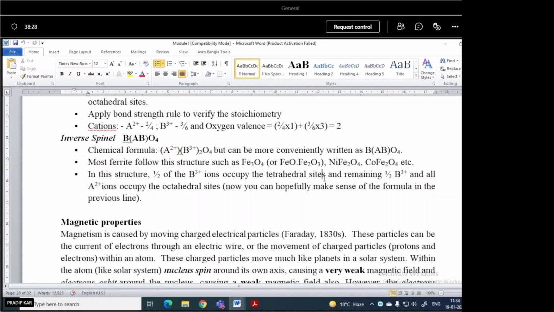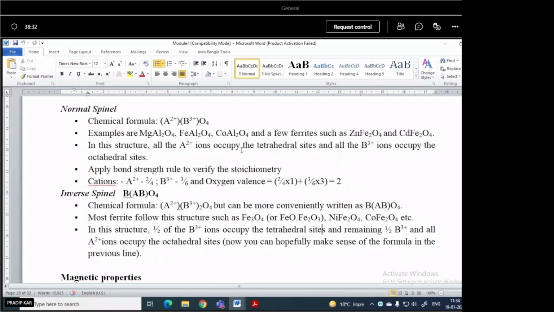Then for normal spinel, you have to consider A2 plus, all A2 plus having this structure, here 1 A. So for 1 A you calculate this, and for B3 plus, 2 B are present, so for the 2 you have to calculate the octahedral energy and sum up these two energies. You will have a value.